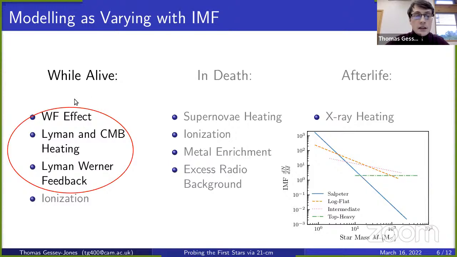And so these effects clearly have dramatic impacts on the cosmic dawn 21 centimeter signal at high redshifts. The other effects are anticipated to potentially be important, particularly say the X-ray heating and ionization, but these go into lower redshifts towards the epoch of reionization.